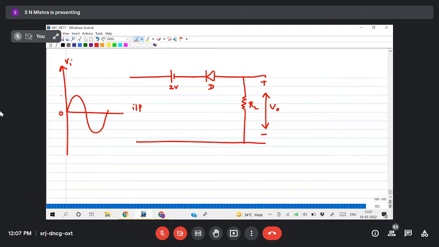Is the diode off or on? Tell me at what condition the diode will be on, and at what condition the diode is off. Vi plus 2 minus 2 greater than 0. Vi less than minus 2.